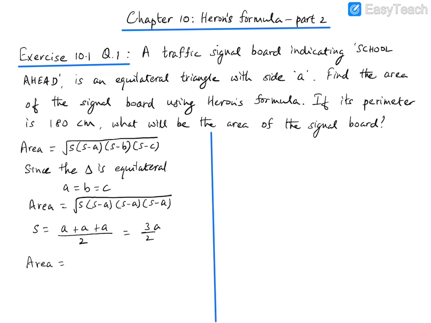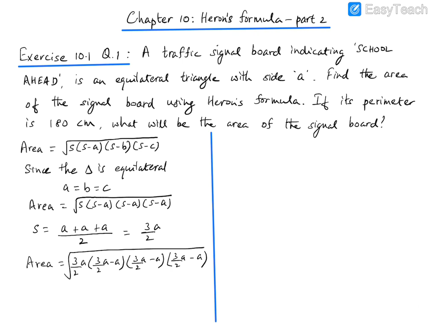So in place of S, we get 3 by 2A into S minus A, which is 3 by 2A minus A. Similarly, we have S minus A again, which is 3 by 2A minus A, and again 3 by 2A minus A, all of this under the root.